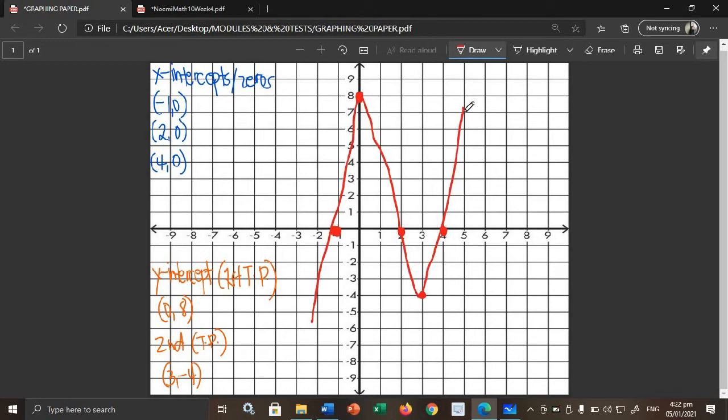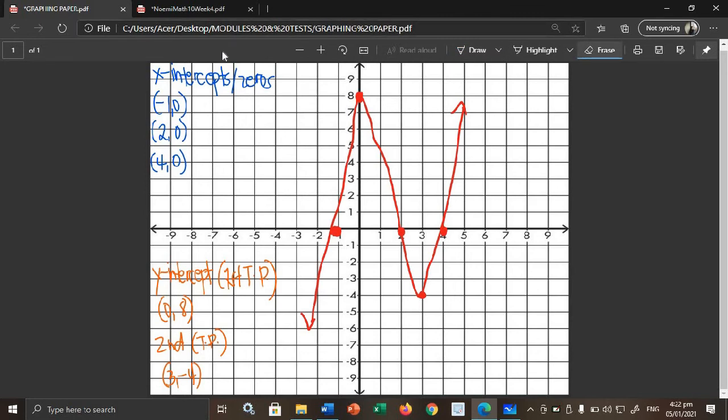So, yeah, we need to adjust. So, assuming that this will be the illustration of your graph, no? Pagpasensyahan na yung medyo namumove kasi kapag nag-draw tayo. Okay? So, yan, that is the graph of the given function.